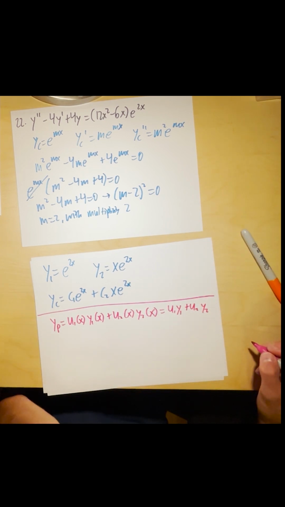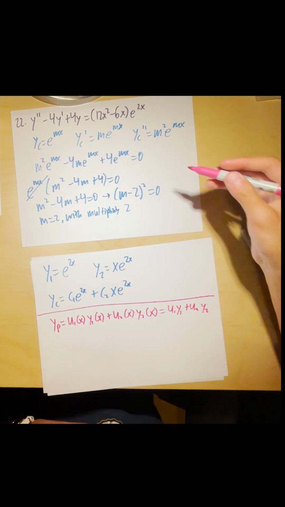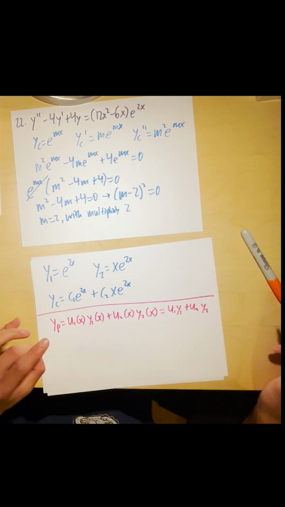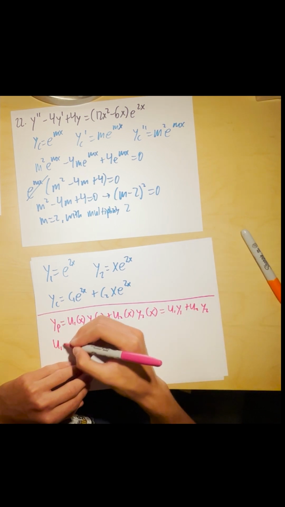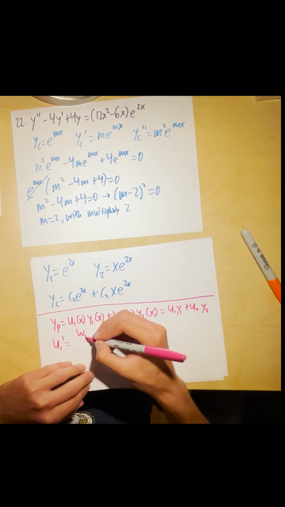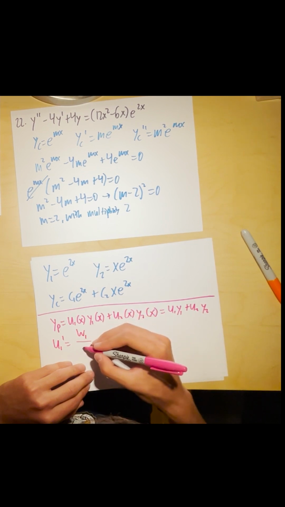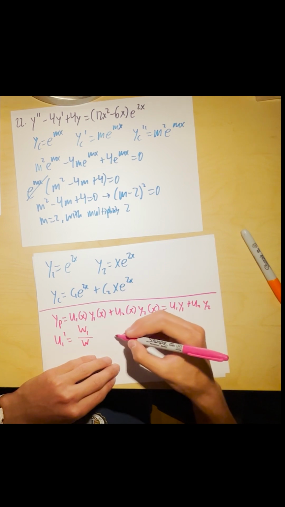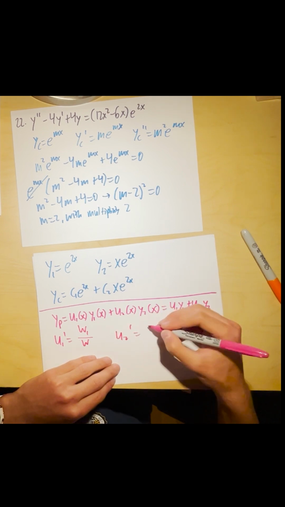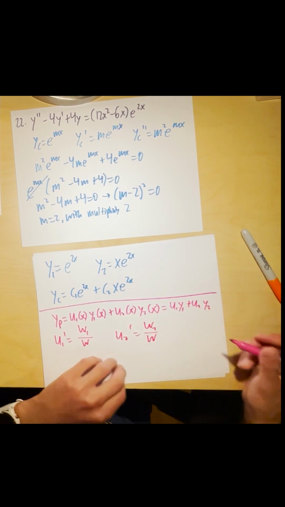And with a lot of algebra, plugging into our original equation and everything, we can simplify this down. We'll end up with equations for u1 prime. So you get u1 prime equals w1, or Wronskian 1, over the Wronskian, and u2 prime equals w2 over w.